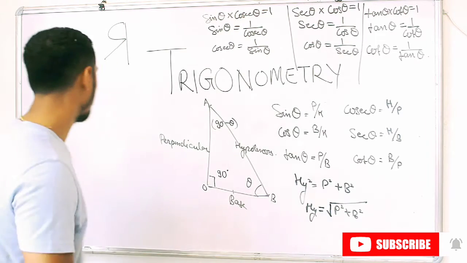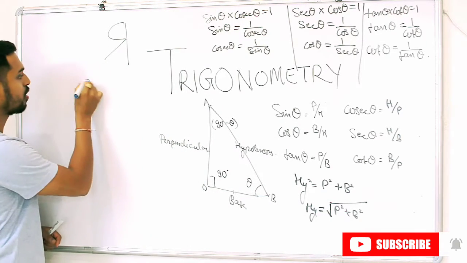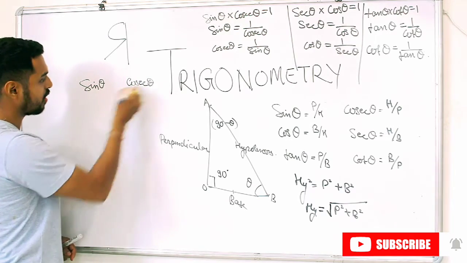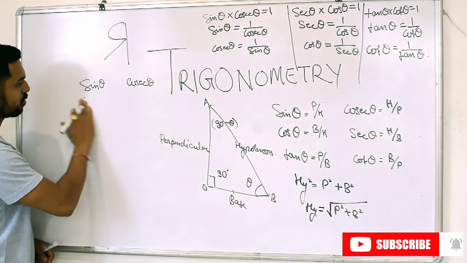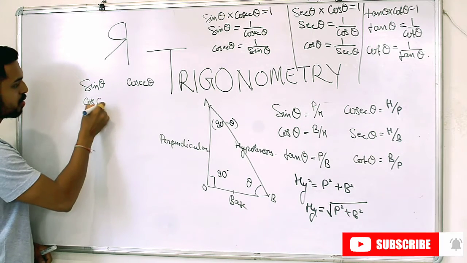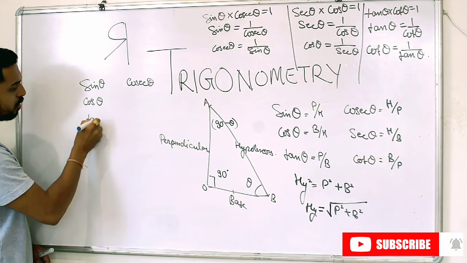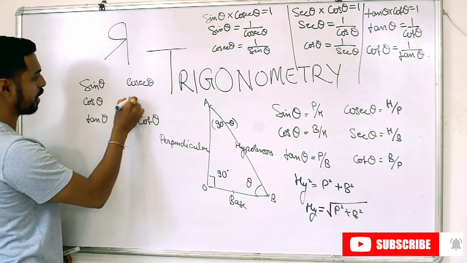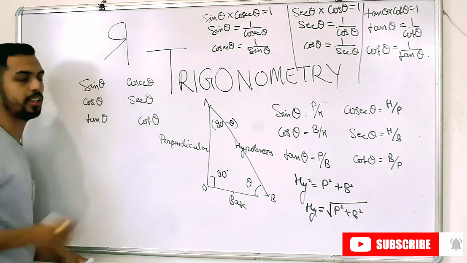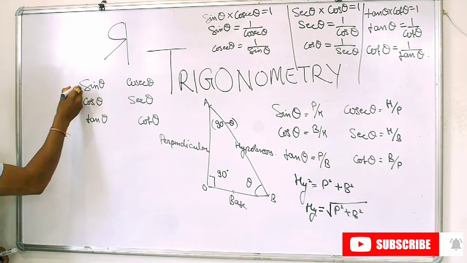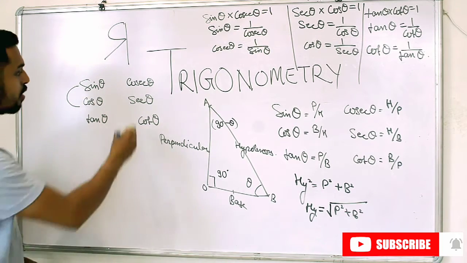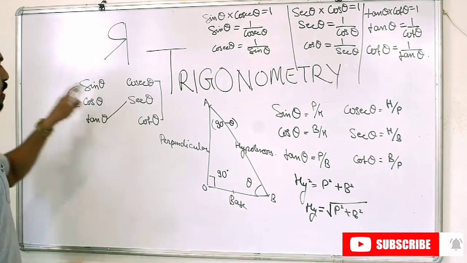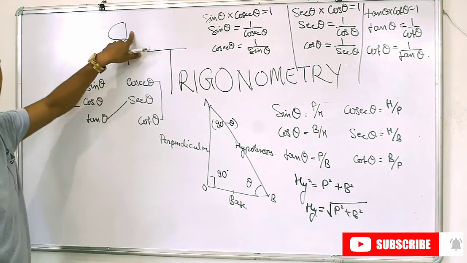Okay, so suppose we have sin theta, cosec theta, cos theta, tan theta, cot theta and sec theta. Okay, now so these both will be taken, these both will be taken, and these both will be taken, and when we combine all this, it forms opposite r.